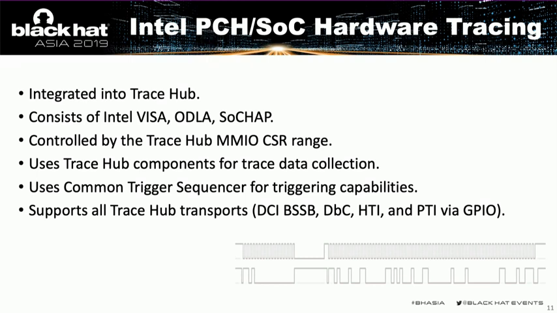They consist of VISA, or Visualization of Internal Signals Architecture, ODLA, on-die logic analyzer, and SoCHAP, SoC Hardware Architecture Performance unit. They are completely controlled by the Trace Hub MMIO register space and leverage all of its wide facilities, such as the common trigger sequencer, trace data collectors, and various transports for trace data extraction.